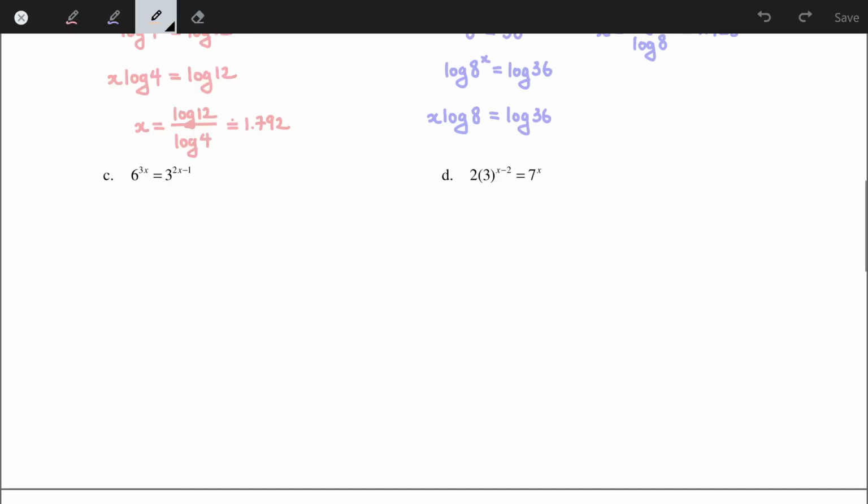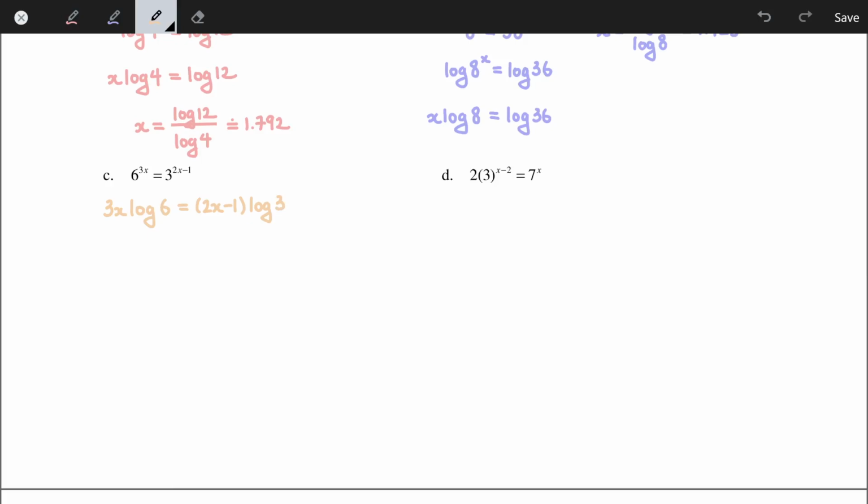Here we can simply take the logarithm of both sides and also move the exponent to be a coefficient in front of the logarithm. So we have 3x log 6 on the left-hand side, and then 2x minus 1 log 3 on the right-hand side. And the goal here is to isolate the x by itself.